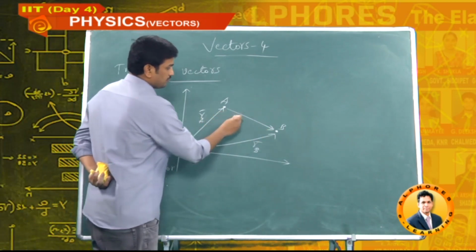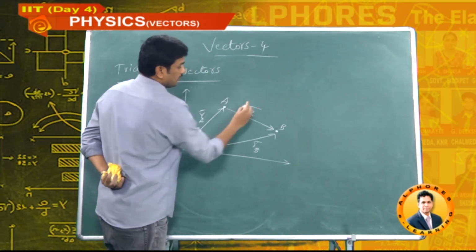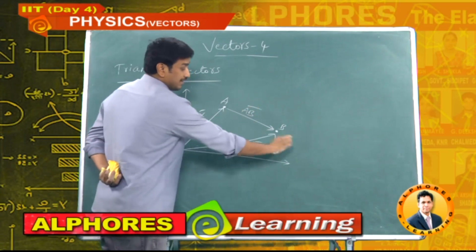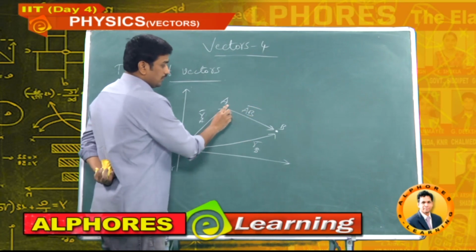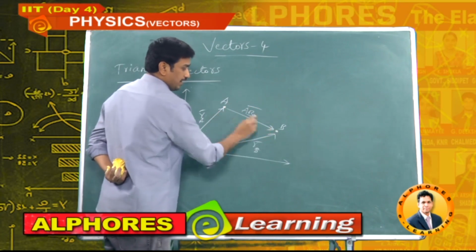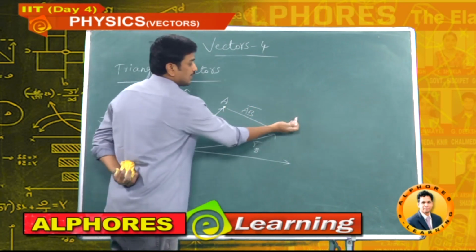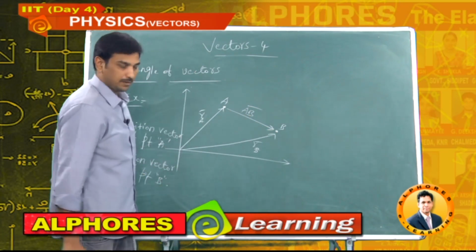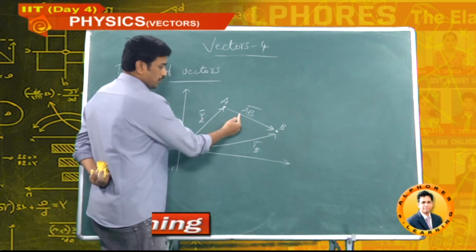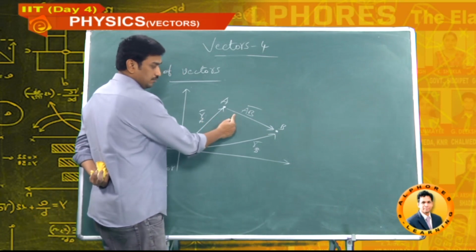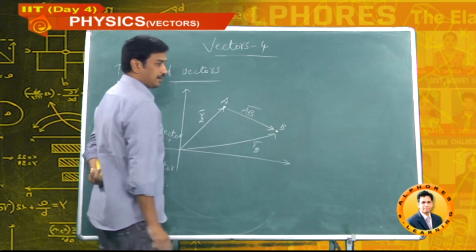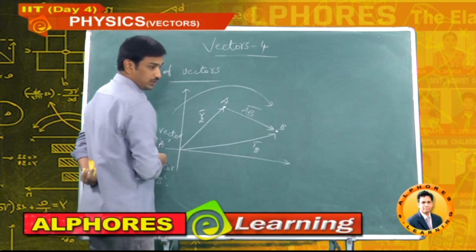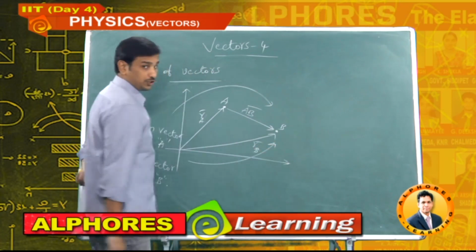RA bar, and this is AB bar, the A to B vector. Once again, the A to B vector is AB bar. If the vector moves from B to A, it is BA bar. Now these two represent two sides of the triangle, and the closing side is RB bar. See, these two are moving in one direction, and this one is moving in another direction.